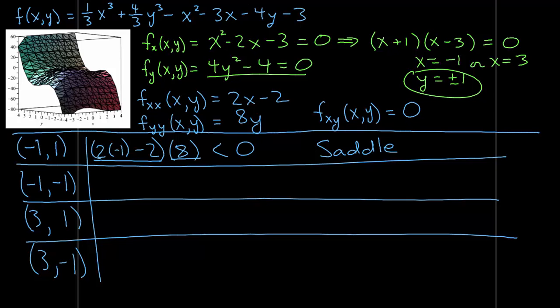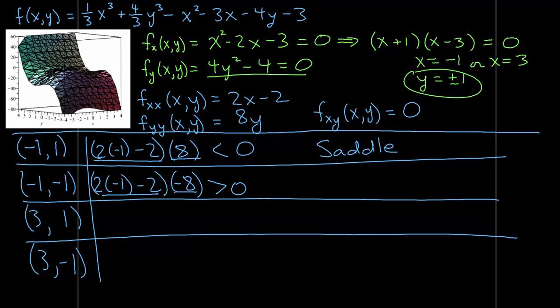Okay, now let's try this one. This is 2 times negative 1 minus 2 times negative 8. See, so now I put the negative in. So now we have a negative times a negative. That's a positive. Okay, so that tells us we're either going to have a max or a min.